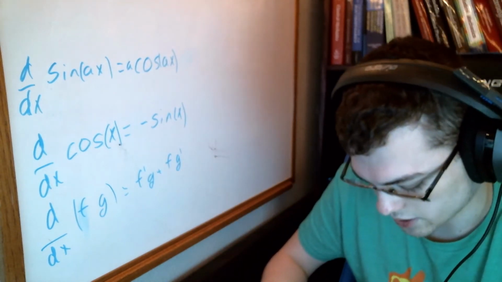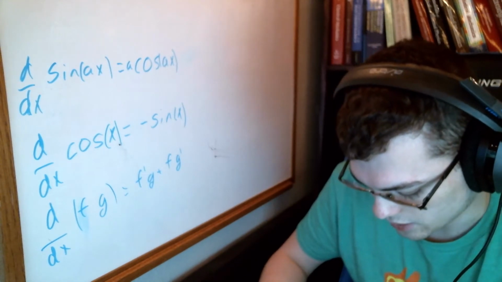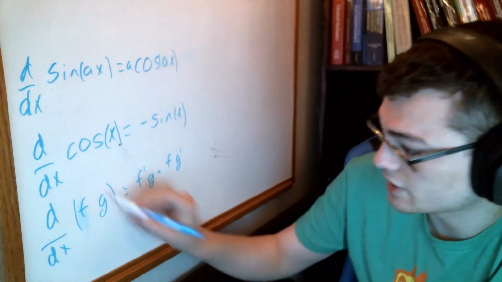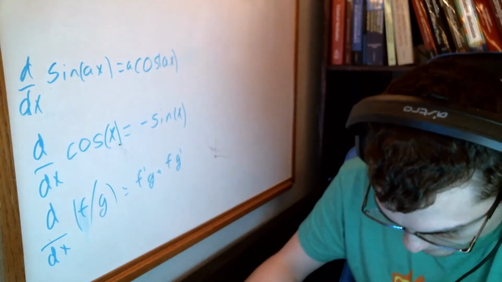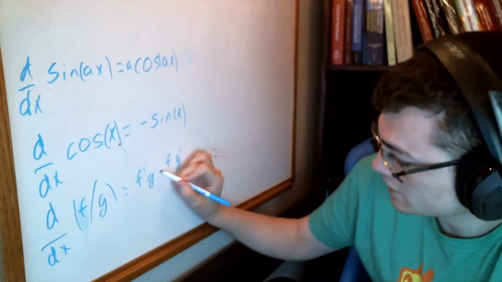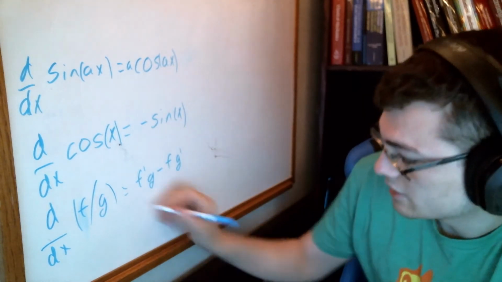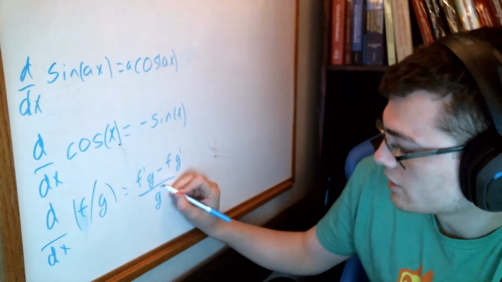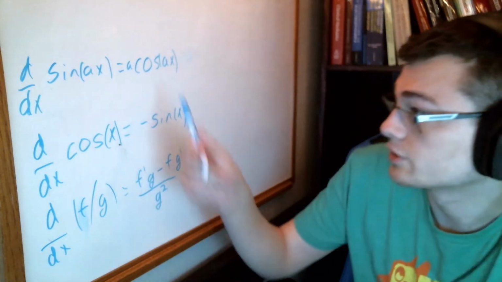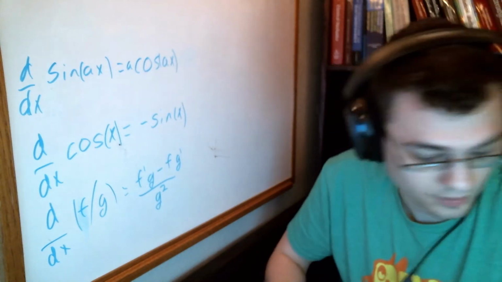And that will go ahead and yield your product rule. The quotient rule is slightly different. So say that you're dividing these two. Now this sign here becomes a minus sign, and then you have to divide by the bottom function squared. And then we talked about the chain rule up here.